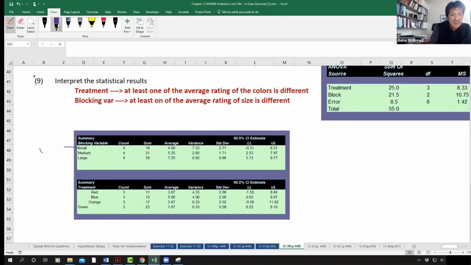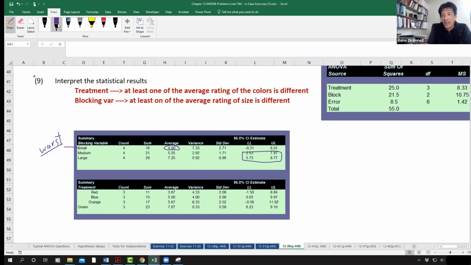In terms of size, the worst one is the small. Okay. Why did I say that worst rating? If you look at the average rating, it's quite small. Which one has the best rating? Well, the best rating actually is, I mean, there's big overlap between the medium and large.